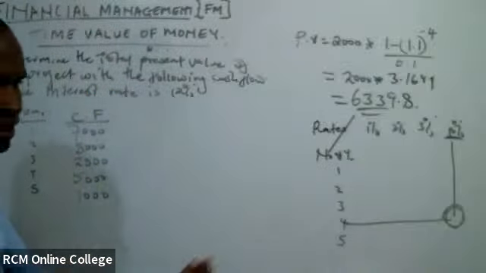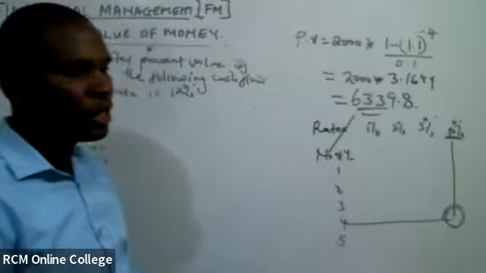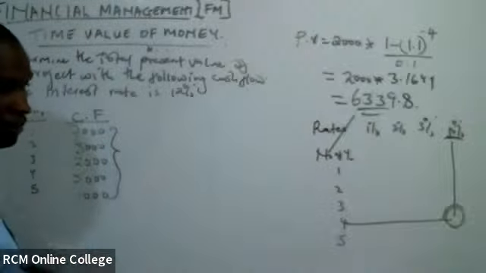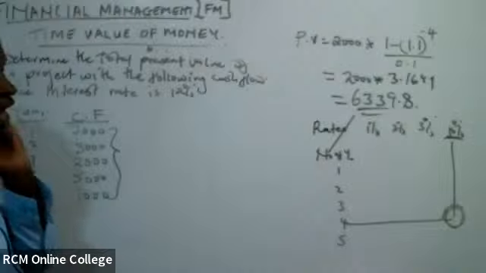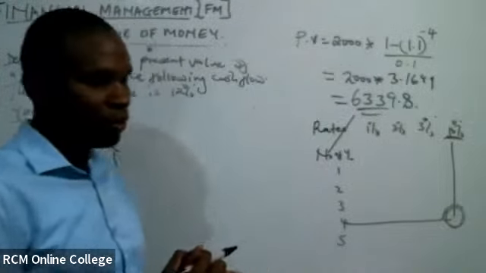The first thing to determine is the type of cash flow that you're dealing with. Which type of cash flows are these, class? Irregular. Thank you so much. And therefore, which factor are we going to use to discount?